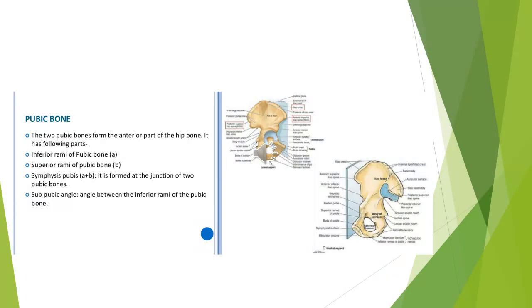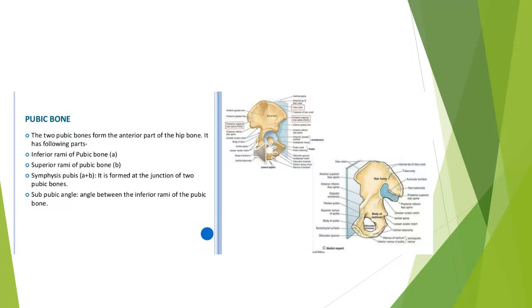The body of the pubic bone has a medial surface, an anterior surface, and a posterior or pelvic surface. The pelvic surface is involved in the formation of the bony pelvis, and the medial surface articulates with the other pubic bone. That is the symphyseal surface, and that is known as the pubic symphysis. It is an example of a secondary cartilaginous joint.